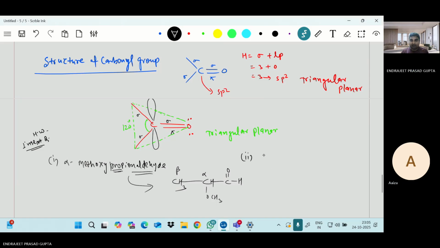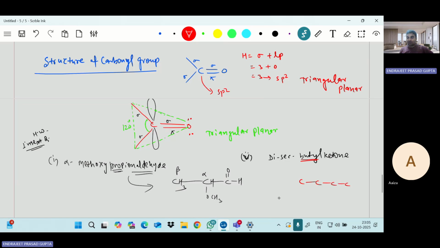In the case of the fifth one, it is written di-secondary butyl ketone. Butyl means 1, 2, 3, 4, four carbons.